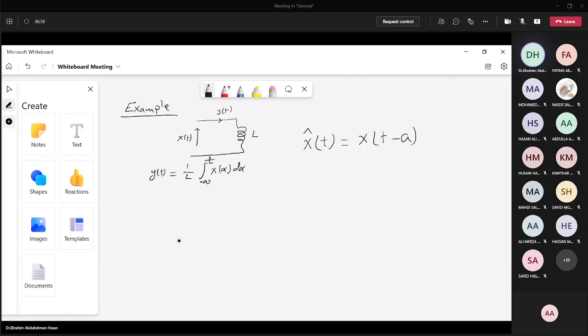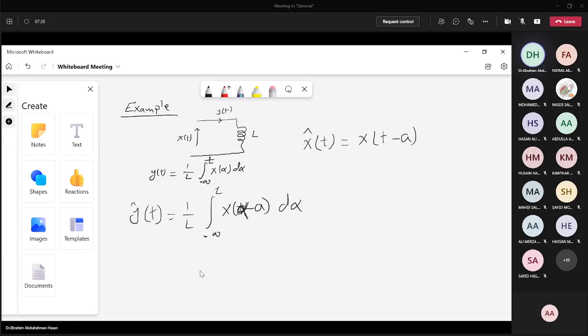So then y hat from here, y hat or tilde or whatever you want to name it, is equal to 1 over L from minus infinity to t of x hat of t, and x hat of t is equal to x of t minus a. Okay, دي alpha. طبعا a هني داخل الفاريبل، داخل الانتجريشن، it is equal to alpha.